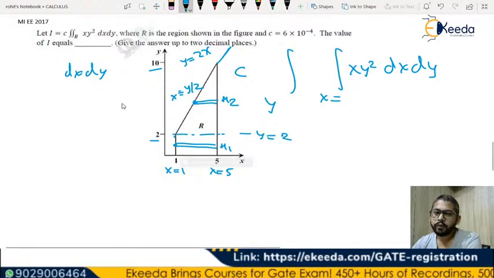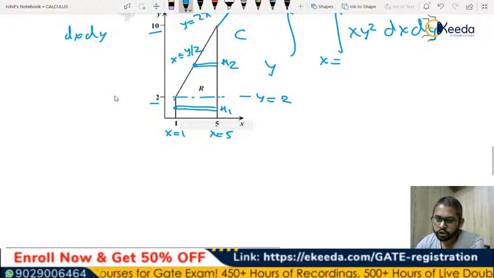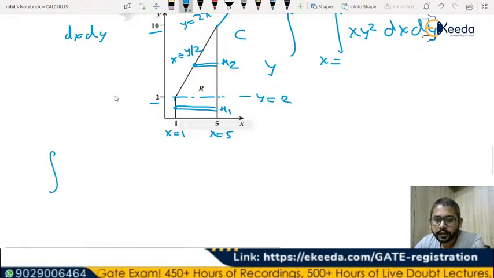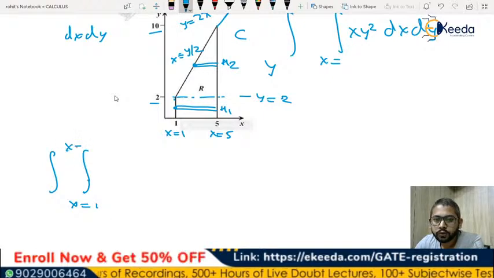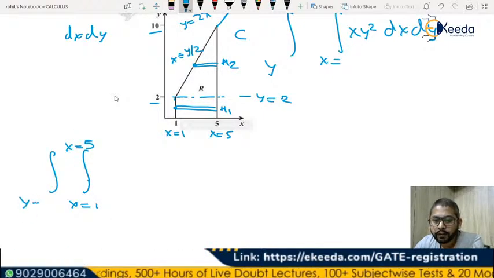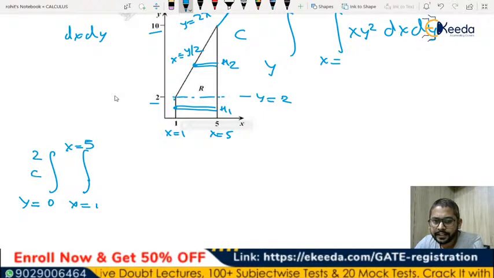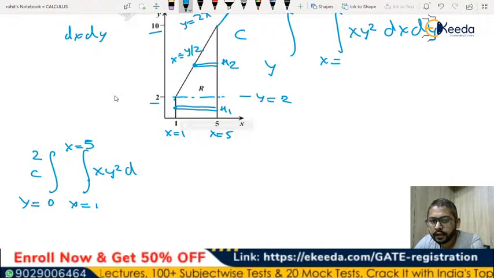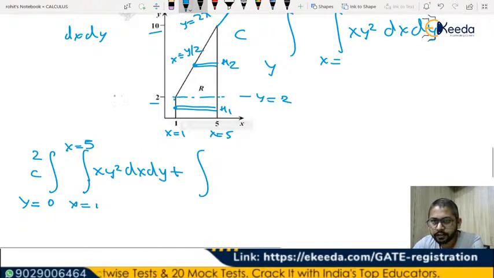We will have to take two limits. The first one, I won't solve it, okay? The first one is taking x is equal to 1 to x is equal to 5, but the limits for y will be from 0 to 2, and whatever function you have, c times xy square dx dy. And secondly, after which region?